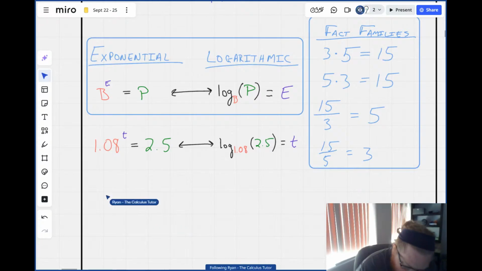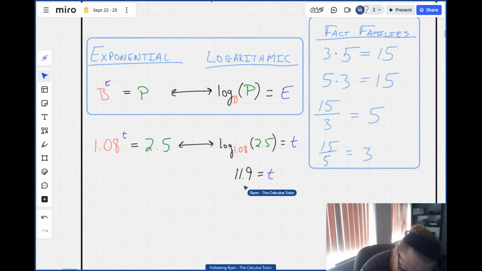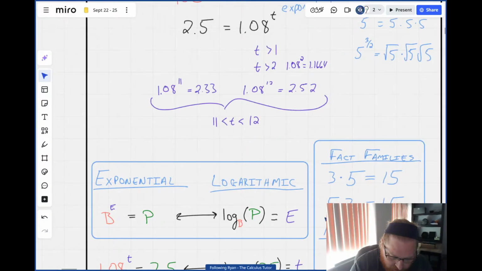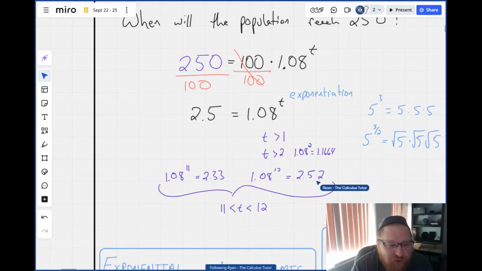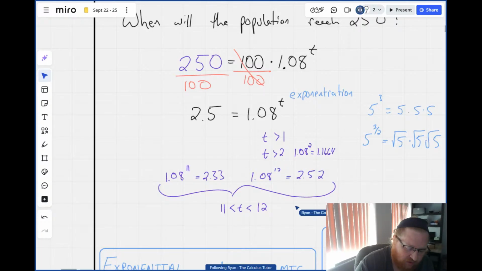And so if I do that, I get all of this is equal to 11 point, I'm just going to call it 11.9, equals t. And check that out. That is between 11 and 12. It's actually really close to 12, but that makes sense because remember when we plugged in 12, we got 2.52. So we should probably have expected the answer to be really close to 12.